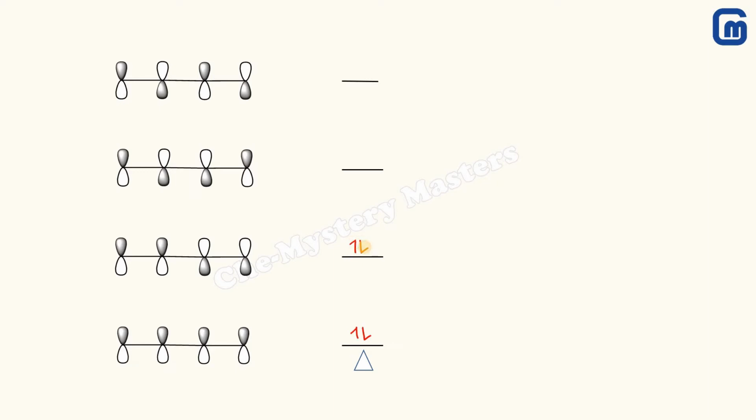The 2 electrons will be filled in psi 1 molecular orbital and 2 in psi 2 molecular orbital, while psi 3 star and psi 4 star molecular orbitals will remain unfilled. So this psi 2 molecular orbital will be our HOMO, while psi 3 star molecular orbital will be LUMO in thermal condition for 1,3 butadiene molecule.